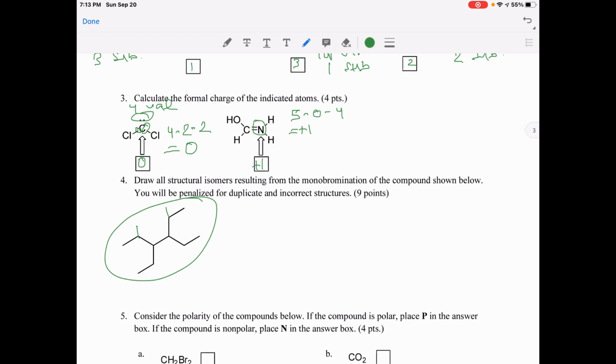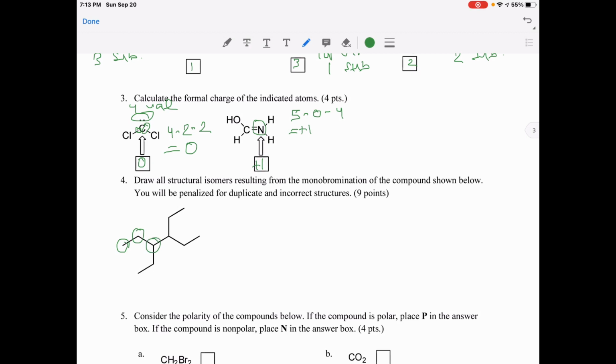Due to that symmetry, you have to be careful not to draw duplicate structures when you're considering the monobromination of this compound. There are actually 3 unique sites in this material: 1, 2, and 3.